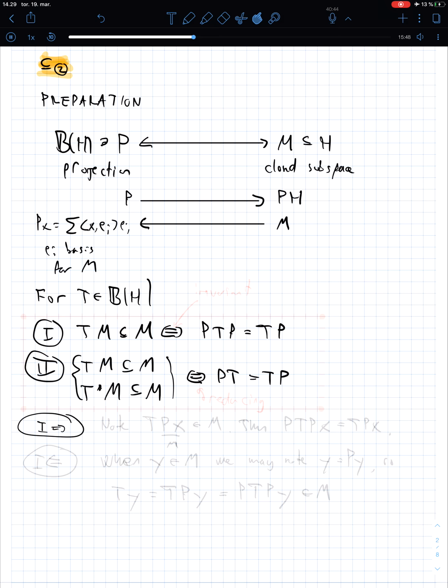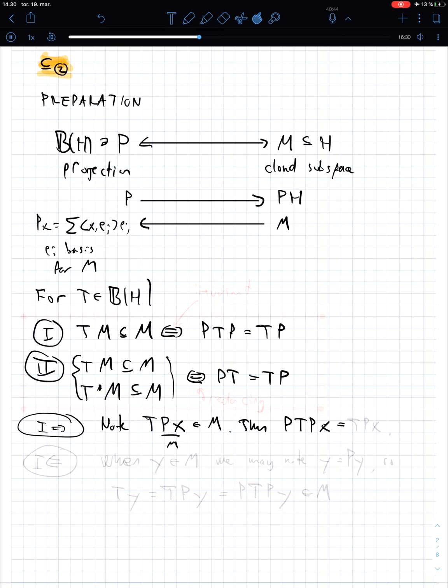Note that if x is any element in H, then TPx is in M, because Px is in M. M is exactly the image of P, and by assumption T sends M back into itself, so TPx is in M. But then when I apply P to TPx, nothing happens because P is a projection down onto M, so when I apply P to something that is already in M, it stays put.